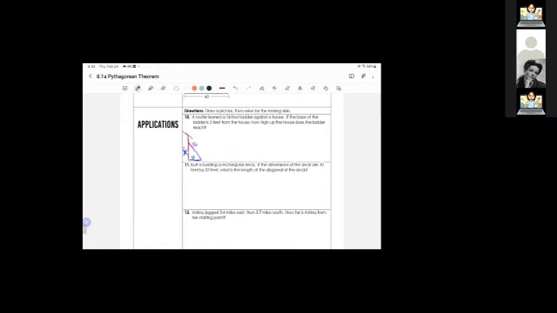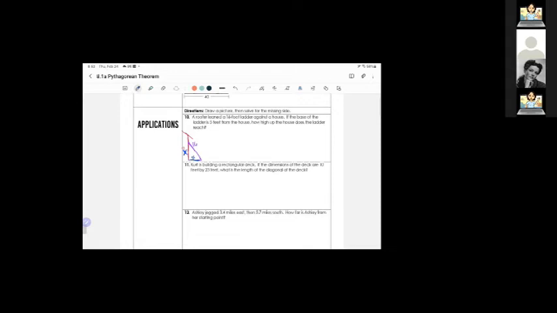Now, what's the assumption? We're assuming that the house was built straight. The wall makes a 90-degree angle with the ground. Obviously, that's an assumption because the ground may not be completely flat. It might have built the wall a little crooked, whatever, but we're just going to go with perfect situation.